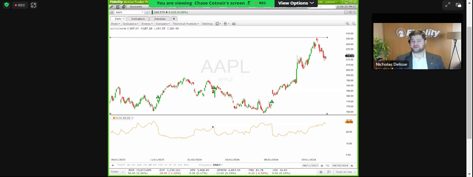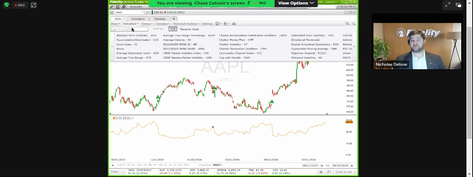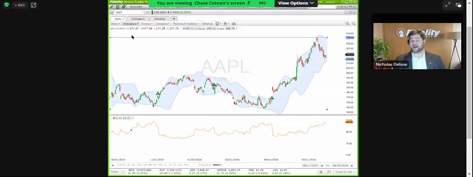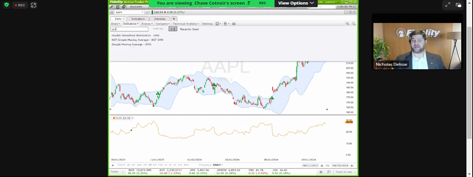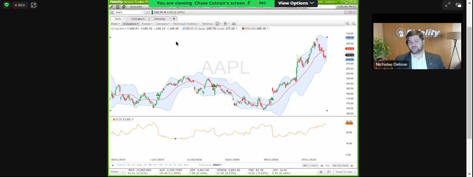Historic volatility is based on percentages of returns, percent up, percent down, whereas something like Bollinger Bands is based off of a standard deviation, how much price deviates off of an average, like a 20-period moving average. That's why we have some differences between what historic volatility looks like versus what standard deviation looks like.